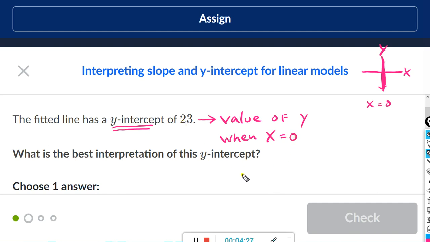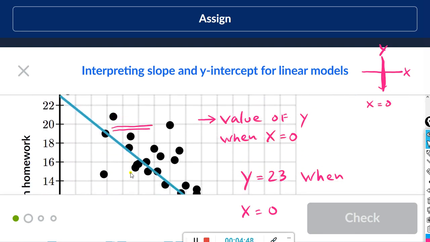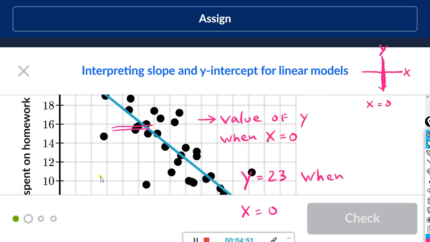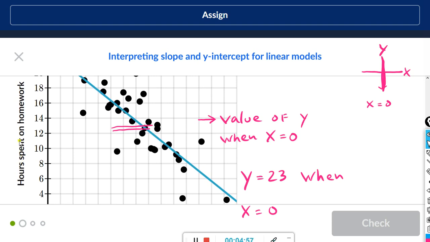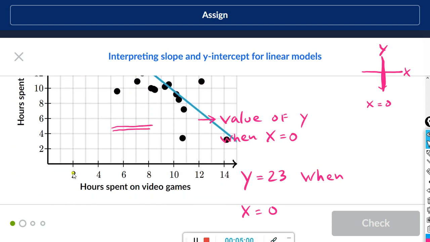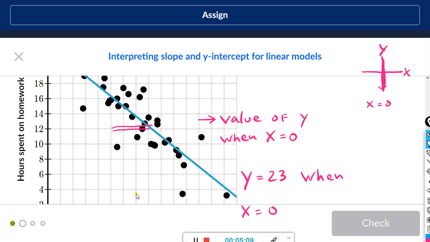So in this case, y equals 23 when x equals 0. We want to find out what x and y represent by looking at the graph. On the graph here, the y-axis, y is hours spent on homework, and the x-axis is hours spent on video games.